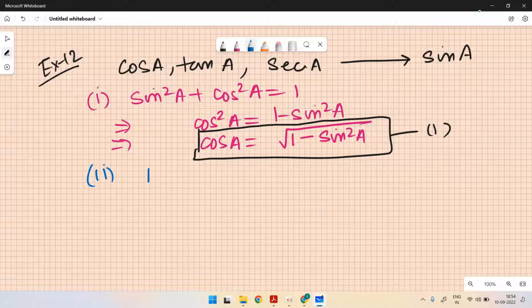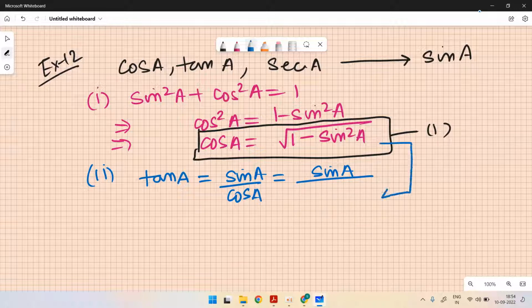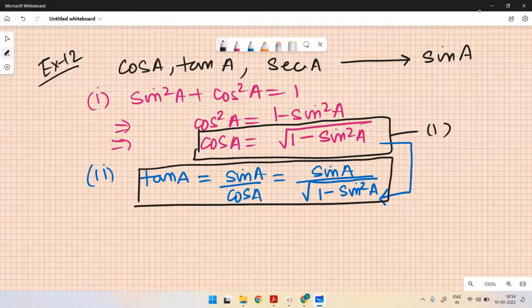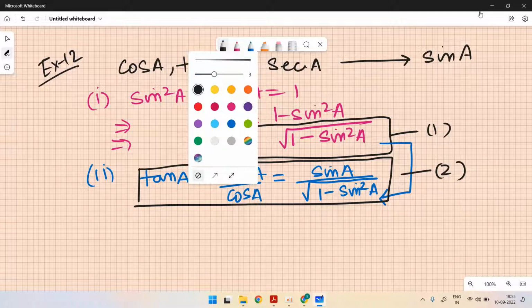You know that tan A you can write as sine A by cos A. The numerator is already in terms of sine, and you substitute the expression for cos A from here, so instead of cos A, I can write under root of 1 minus sine square A. So this expression will be my second solution.